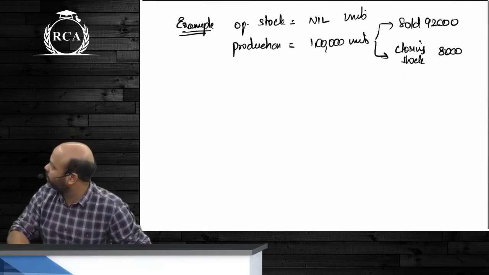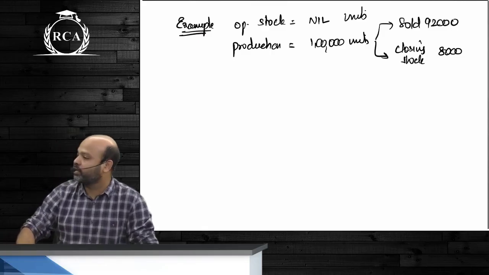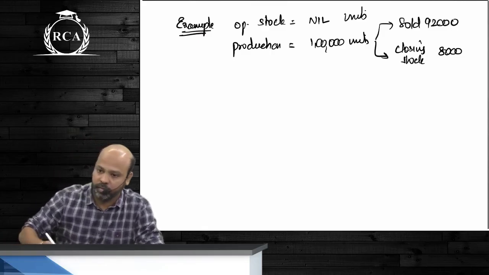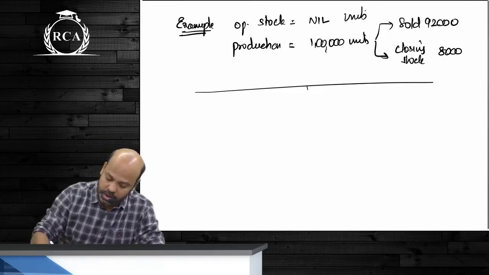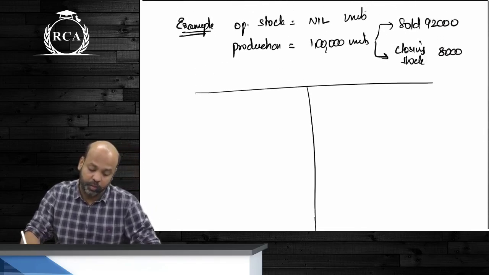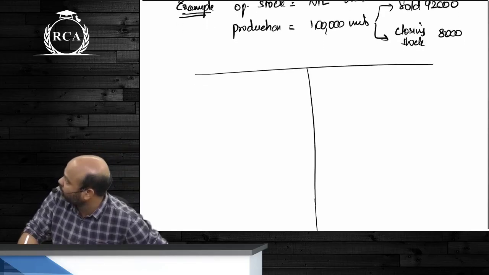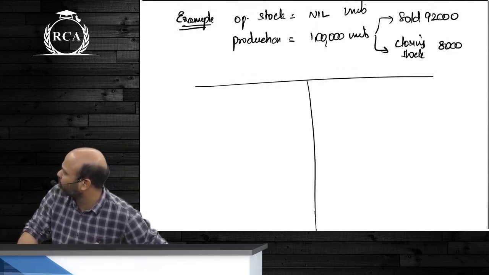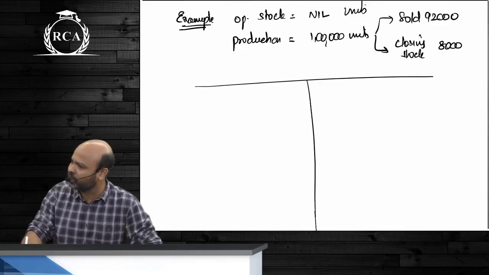Write the information in the form of a direct account: opening stock 0 units, production 1 lakh units, sold 92,000, closing stock is 8,000 units.